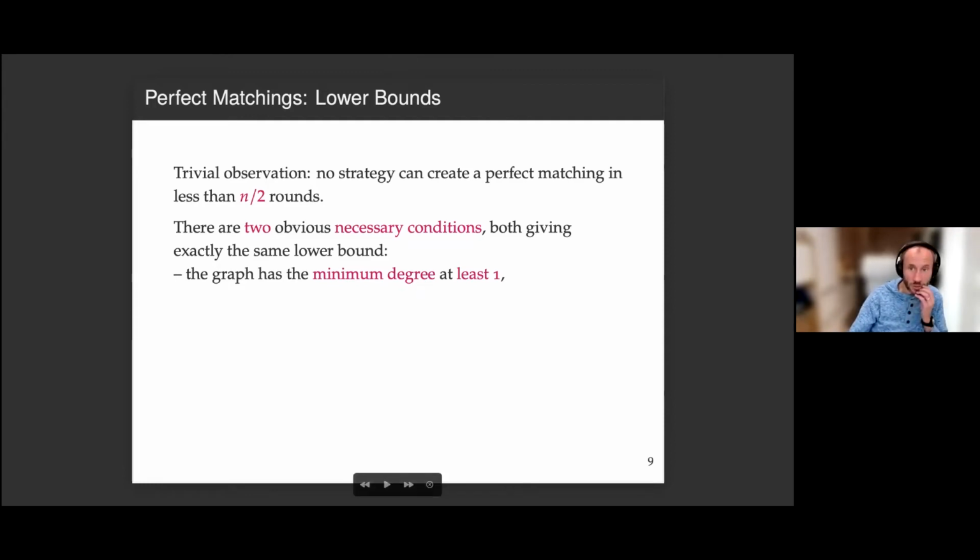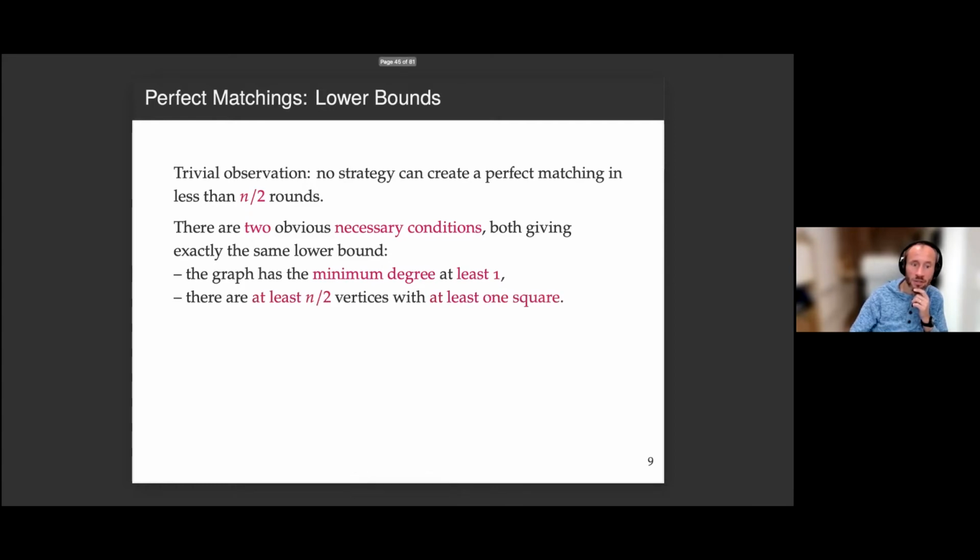Well, if I dream to have a perfect matching, then all the vertices should have a degree at least 1. So that's one trivial necessary condition.